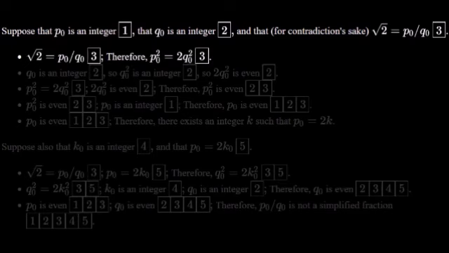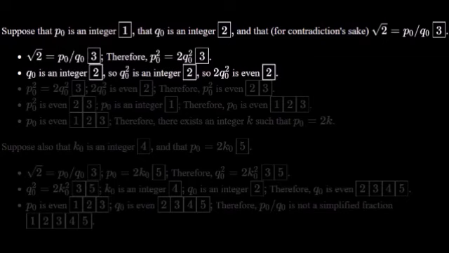Okay, we do have the square root of 2 equals P0 over Q0, which carries tag 3, because it's hypothesis 3. From there, we can do a bunch of algebraic manipulations to derive that P0 squared is actually equal to 2 times the square of Q0, which itself also carries tag 3.